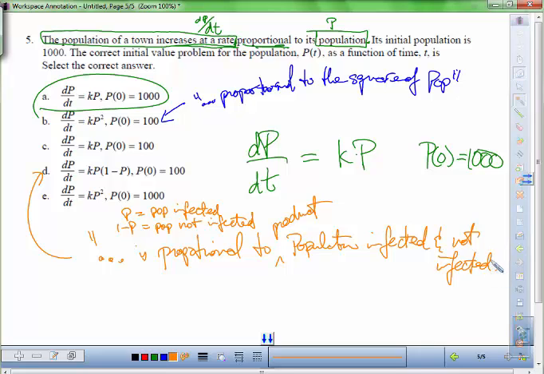Okay, so maybe it could look like this. But you can look at the words and see how they relate to the differential equation, and that's what you need to do. That's the connection that you need to make.